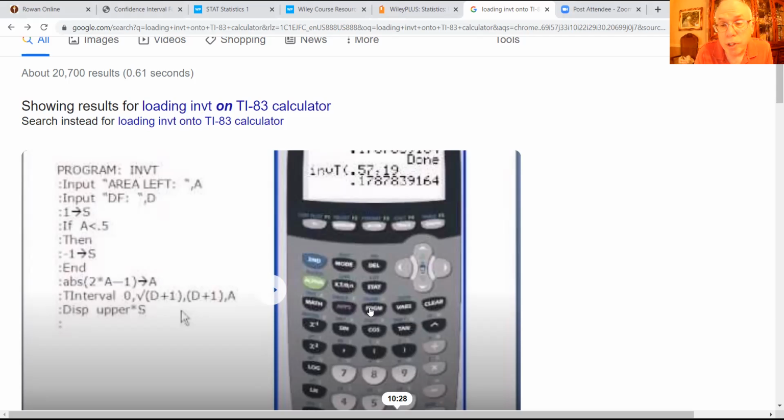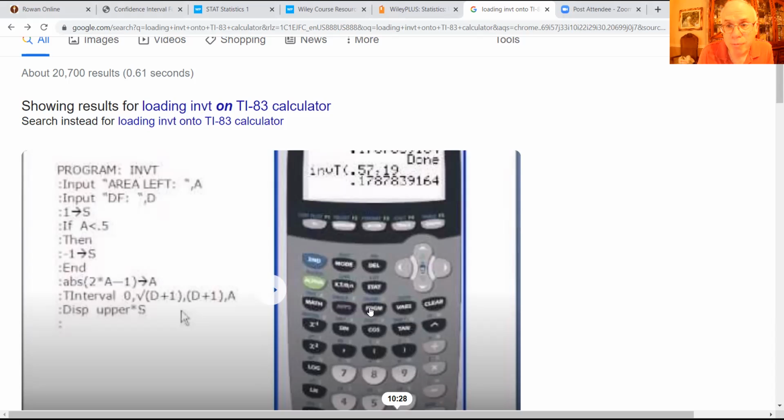And then when you want to use it, you'll hit your program button, scroll down to the INVT, hit enter, and I believe you have to enter a second time. And then it's going to ask for the area to the left. You'll type it in. And then it's going to ask for degrees of freedom, or DF. You're going to type it in, and then hit enter, and it'll give you the right endpoint of the confidence interval. That's the critical value.